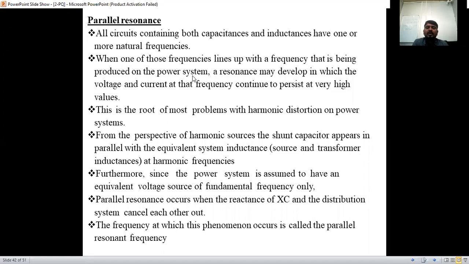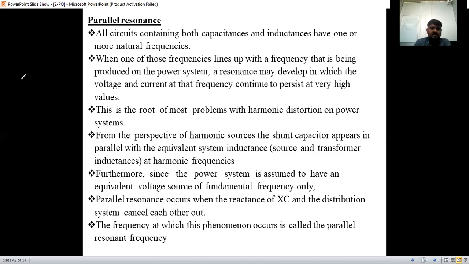High voltages and high currents, at very high values. A resonance may develop in which voltage and current at that frequency continue to persist at very high values.